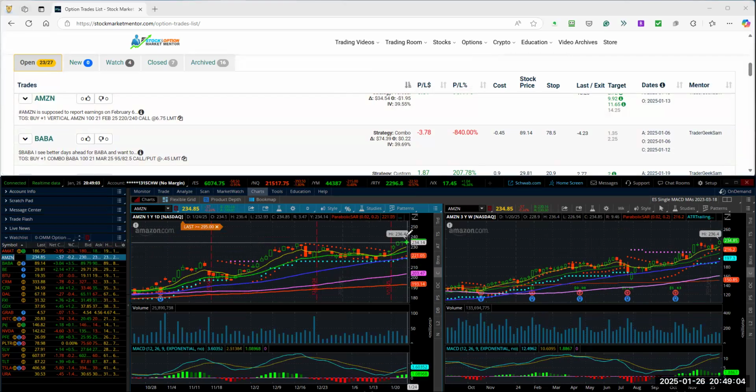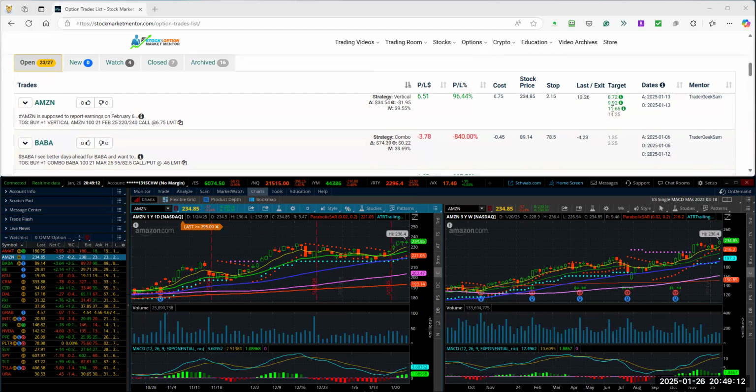Moving on to Amazon, another all-time high on Friday, and we have taken 3 profit targets on this one. The last one was 11.65. It closed at 13.26, and our next price target is at 14.25 here, and we paid 6.75 for these.